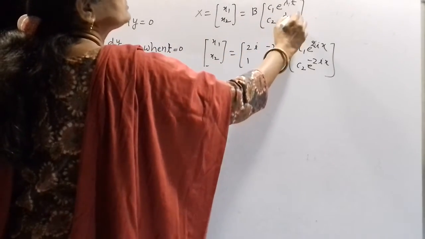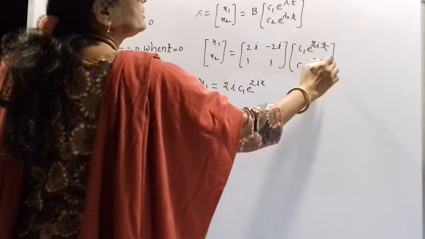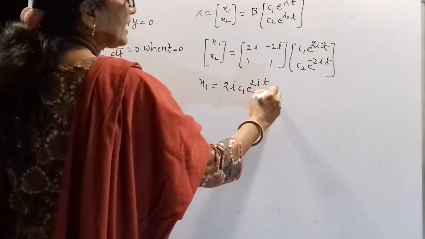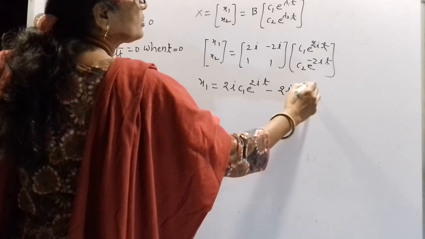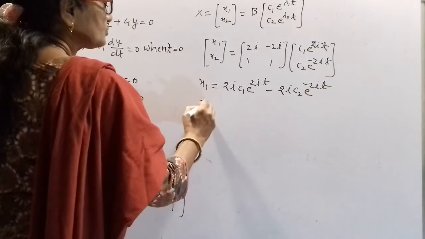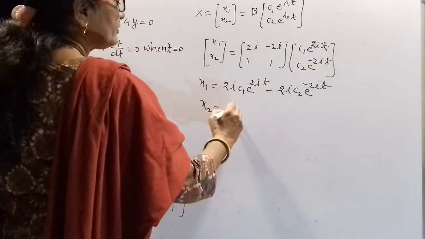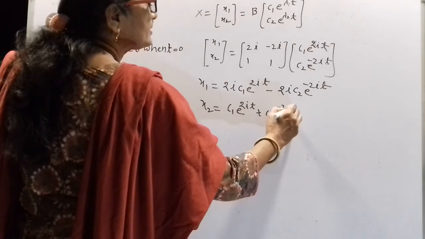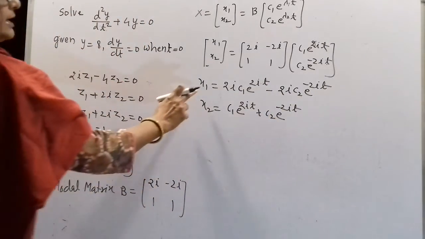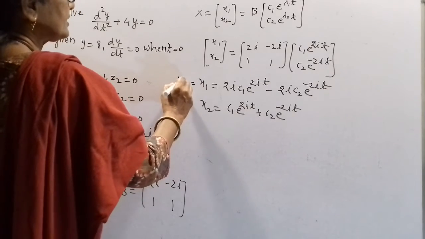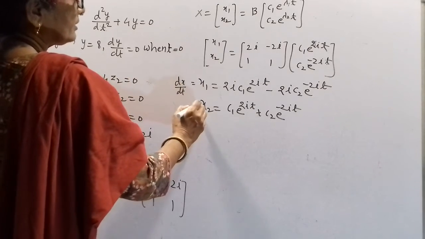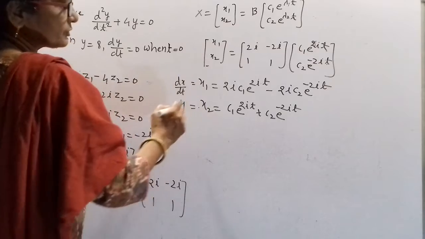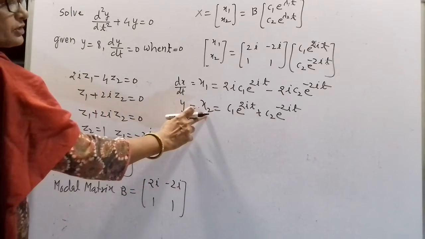So x1 is 2i c1 e to the power of 2it minus 2i c2 e to the power of minus 2it, and x2 is equal to c1 e to the power of 2it plus c2 e to the power of minus 2it. From the given equation, x1 is dx by dt and y is x2. We have considered x1 as dx by dt and y equal to x2.